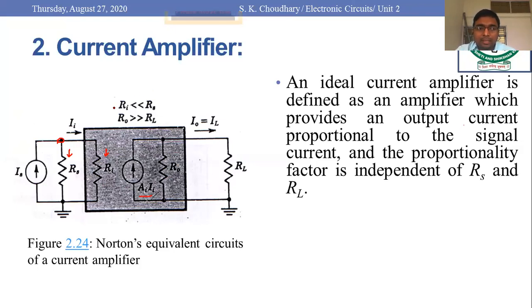And the condition for this circuit to work as a current amplifier: the first condition is Ri should be very much less than Rs, opposite to the voltage amplifier, where Ri is very much larger than Rs. Similarly, R0 is very much larger than RL. It is again opposite to the voltage amplifier.